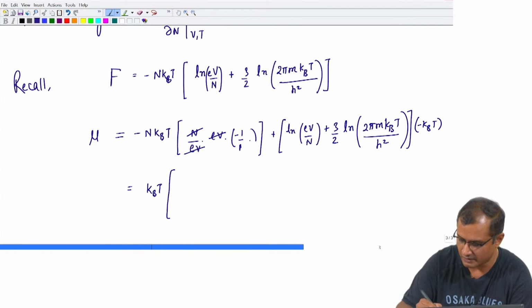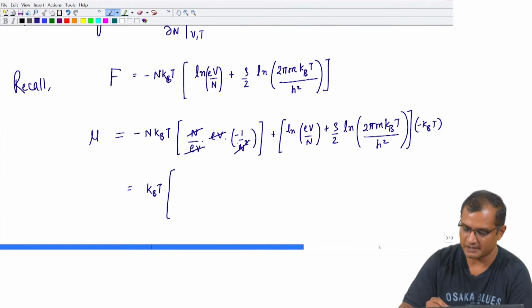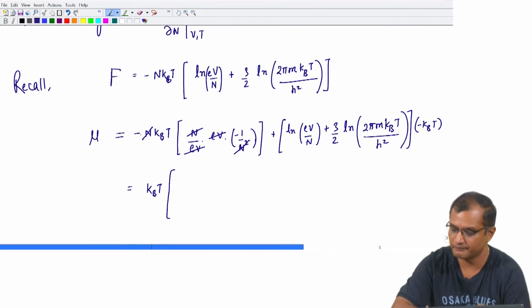There is 1 upon n square, right? So this n square will cancel, there is 1 n here and there is 1 n here, and minus becomes positive.